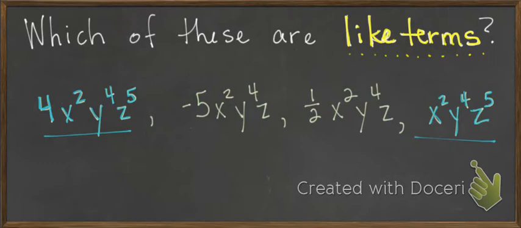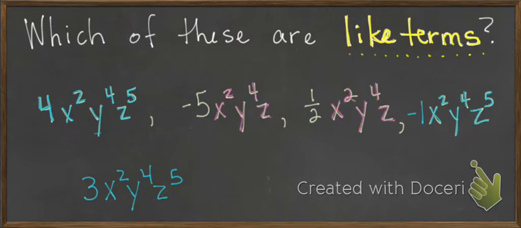So this would be not negative, it'd be -1. So if I have 4 and -1, x squared, y 4th, z to the 5th, then I take that 4 minus 1, and I see that I have a total of 3 x squared, y to the 4th, z to the 5th. How about the other two?